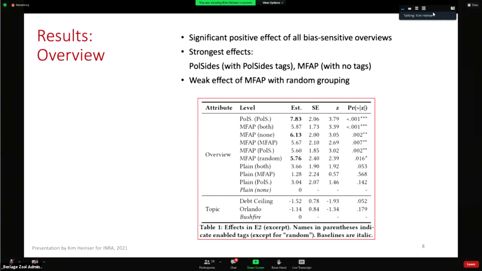Second, we also had a strong effect from our method. It was interesting that the strongest performing method was actually our method, the most frequent actor polarity, without any additional tags, so not indicating any political slant. We also had a weak effect of a random grouping, where we had the layout but the grouping had no meaning. It's just completely random. We still had an effect on bias awareness, which is also interesting for the future.